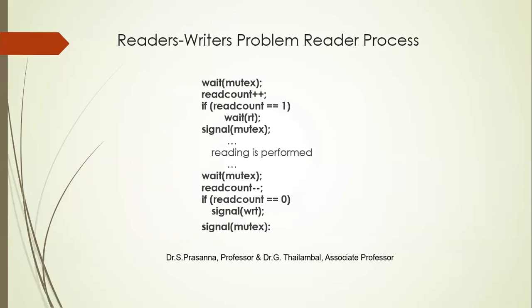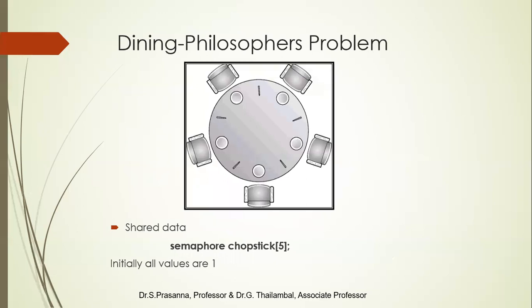A signal of mutex is given, and reading is performed. At that time, the writer cannot do anything. Once the read count equals 0, meaning all the readers have completed their reading, the signal will be given to the writer for writing into the process.